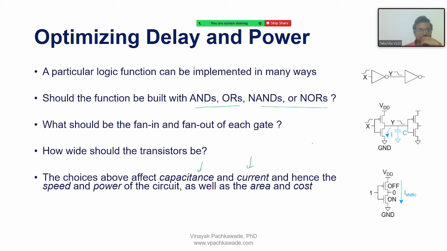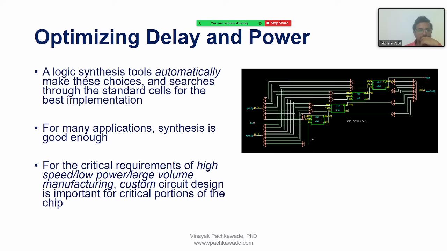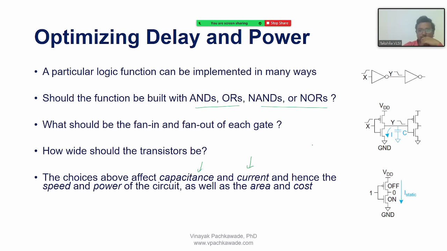Greater the current, the lesser the delay. One more thing is the VDD voltage. If the VDD voltage is lesser, then it will help reduce the delay. Right. So capacitance should be smaller actually to reduce the delay, and the current should be larger, right?